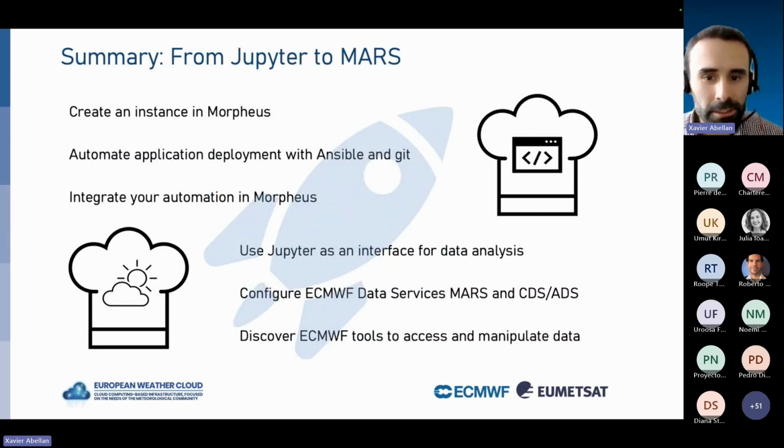We created an instance in Morpheus, automated the deployment of the application, in this case, the Jupyter, with Ansible and Git, and put it all together. So that bit was more or less wearing the more IT hat. So hopefully that gives you an idea of how you can use automation and integration with Morpheus to really deploy your applications, not only Jupyter.